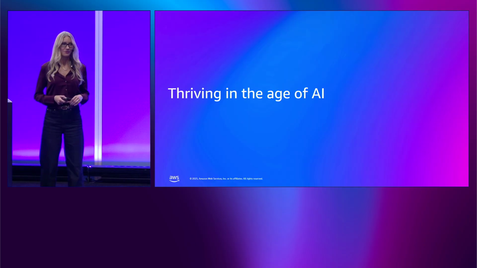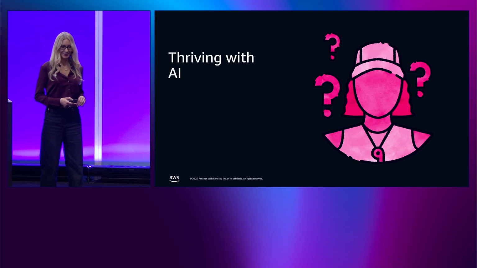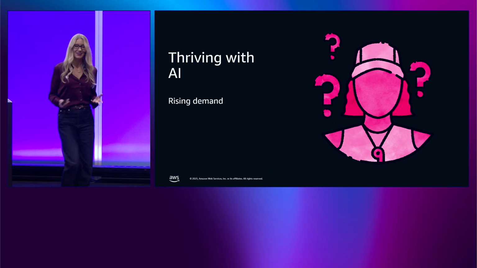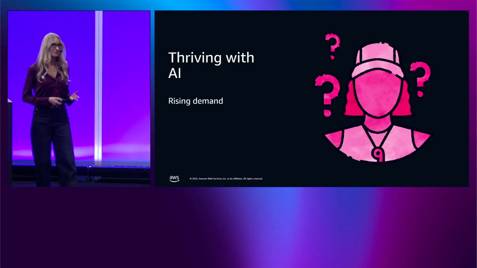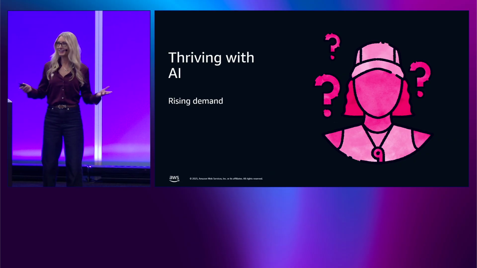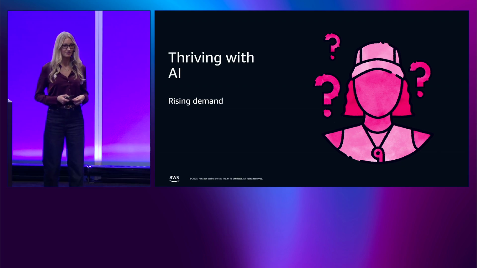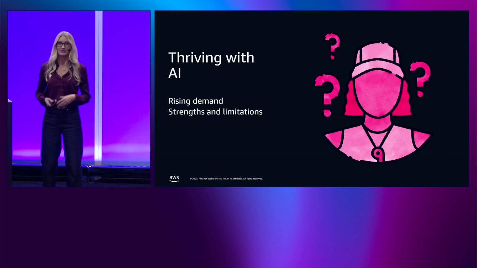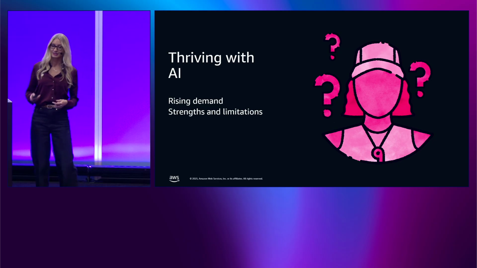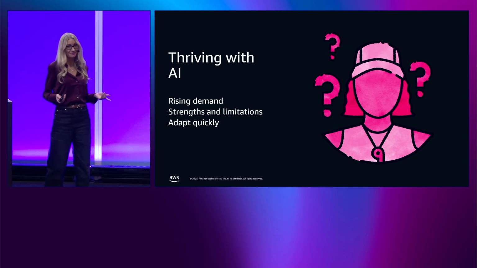So how do we all thrive in this new age of AI? Well, what I hear from our customers and from talking to people here at re:Invent as well is that there really is a rising demand for people who can start using these tools to give them superpowers. Understanding their strengths and their limitations, what are they great at, what are they not so great at, and it's changing all the time.